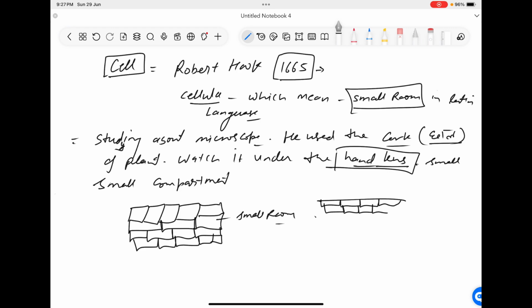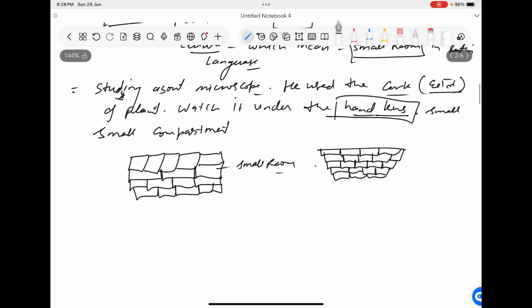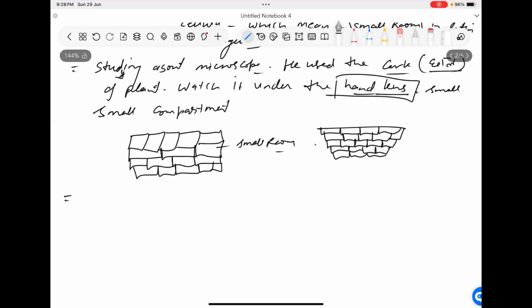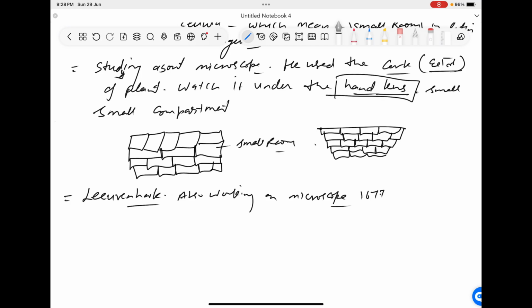Later on, another scientist known as Leeuwenhoek, also working on the microscope in 1677, used the tar plaque of his teeth and watched it under the microscope.